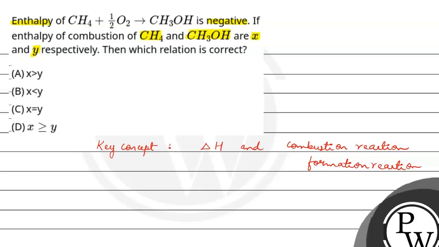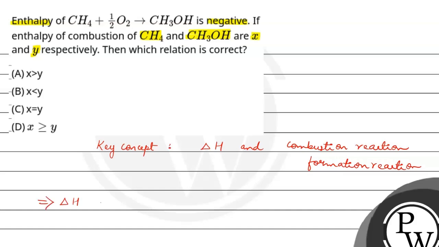So how is delta H related to the combustion reaction and how is delta H related to the formation reaction, that we need to see. So first we'll understand what is enthalpy change in simple words.